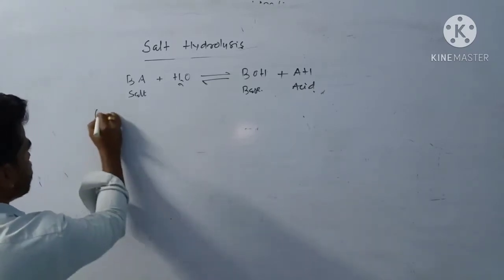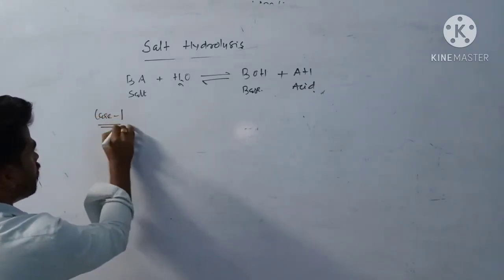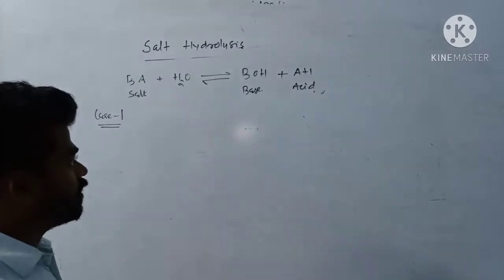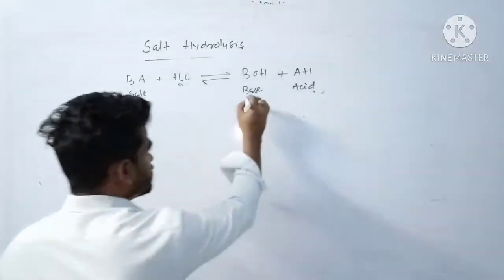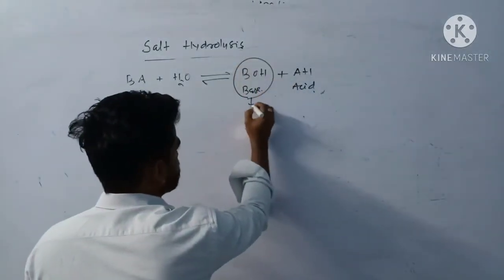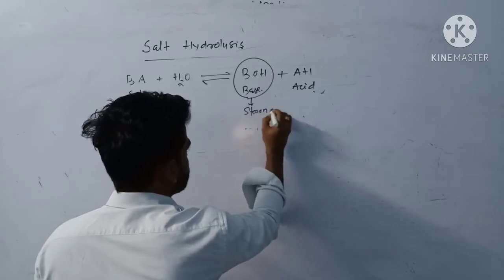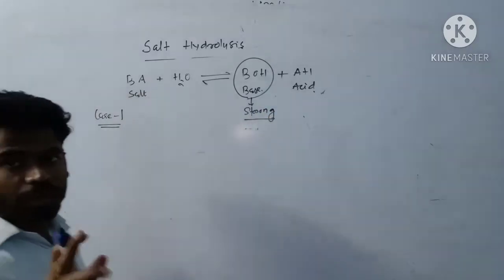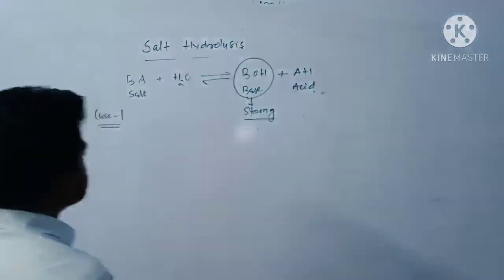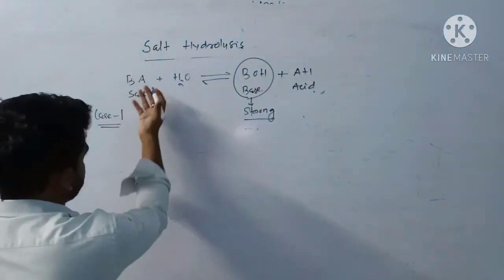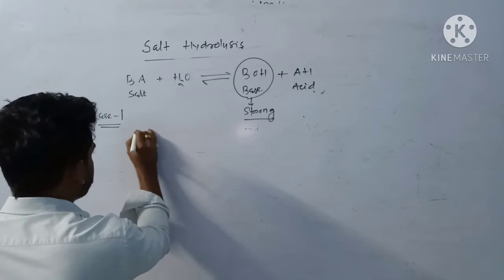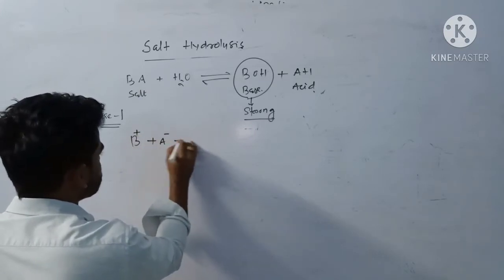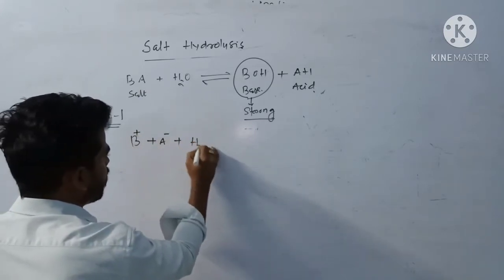In the first case, if I consider the base as a strong base, you know the strong part is 100% ionized, so the salt definitely undergoes complete ionization leading to B plus A minus, and water, the very weakest electrolyte, remains as such.